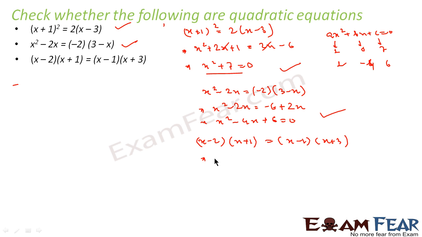This becomes x square, x into 1 is x, minus 2 into x is minus 2x, minus 2 into 1 is minus 2, is equal to, on this side also you get x square, x into 3 is plus 3x, minus 1 into x is minus x, minus 3. x square cancels. Correct? What you get here is minus x, and this minus x will also cancel.